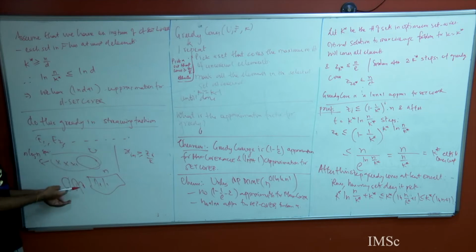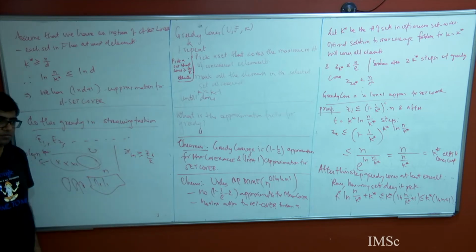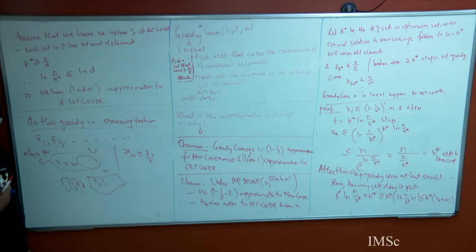If it is a 1 by k fraction, then I pick it, otherwise I just let this set go. And whatever number comes, I return you this number. And I'm guaranteed that I can implement all this in order n log n space in one pass, right? Order n log n space, one pass, and 1 minus 1 by e approximation.